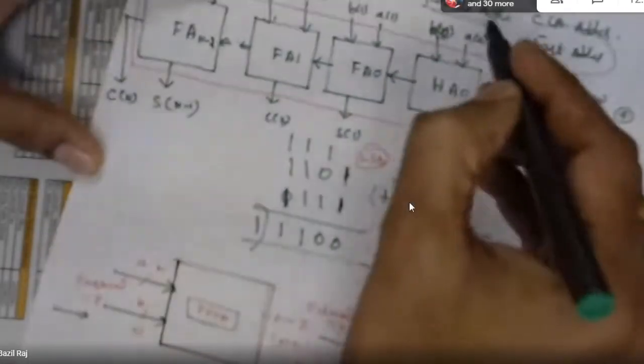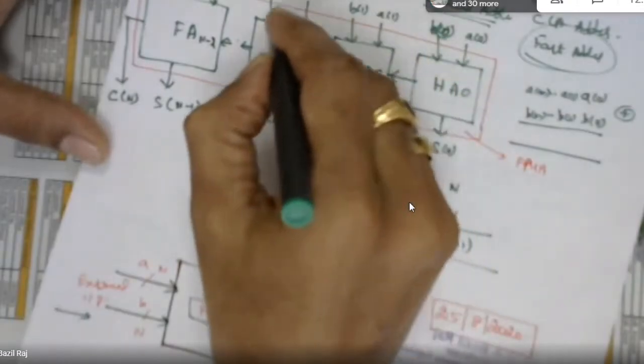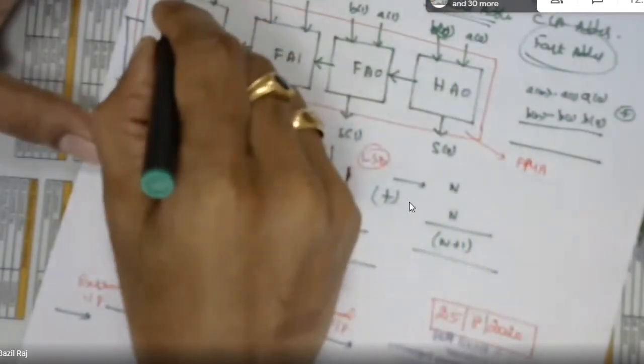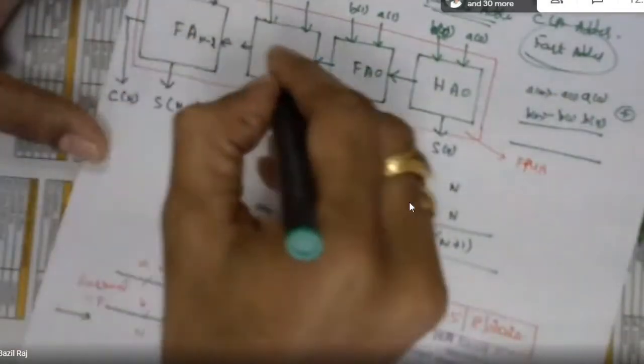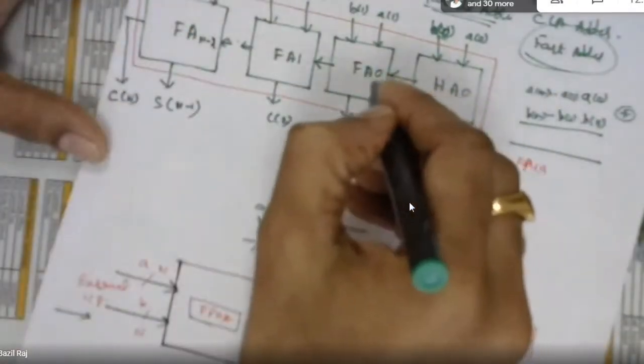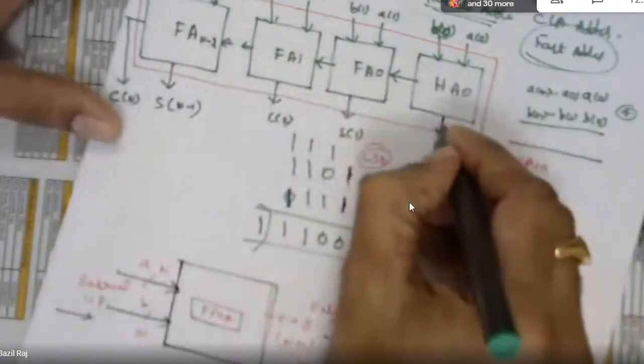Reason is A0, B0 is available, A1, B1, A2, B2, An minus 1, Bn minus 1, all are available at an instant of time into these adders, half adder, full adder 1, 2, 3, and so on. But the S of 0 will be available here after some amount of processing time.